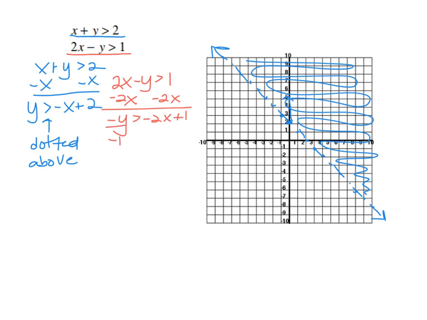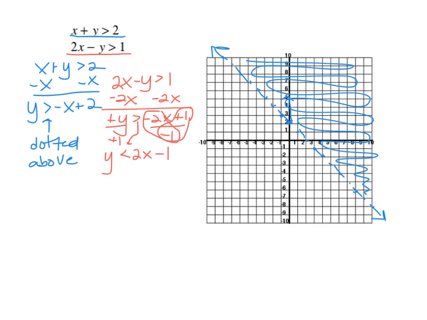All of a sudden we divide by negative 1. And when you divide an inequality by a negative number, it actually switches your sign. So see what happened there. Negative 2 divided by negative 1 would be positive 2x. 1 divided by negative 1 would be negative 1.